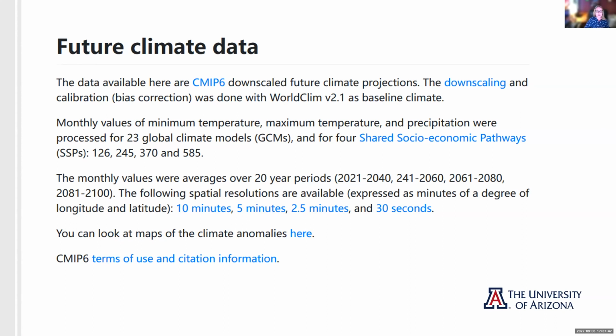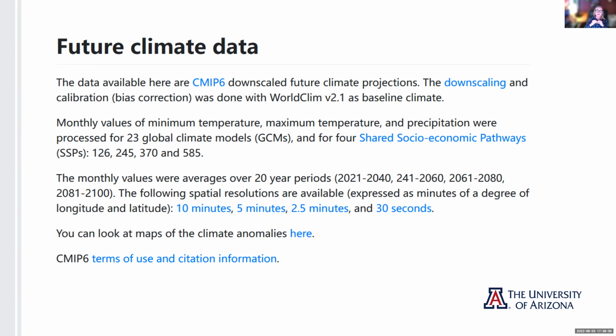For the future climate data, version 2 of WorldClim was produced by downscaling data from CMIP6. CMIP's objective is to better understand past, present, and future climate changes arising from natural unforced variability or in response to changes in radiative forcing in a multi-model context.